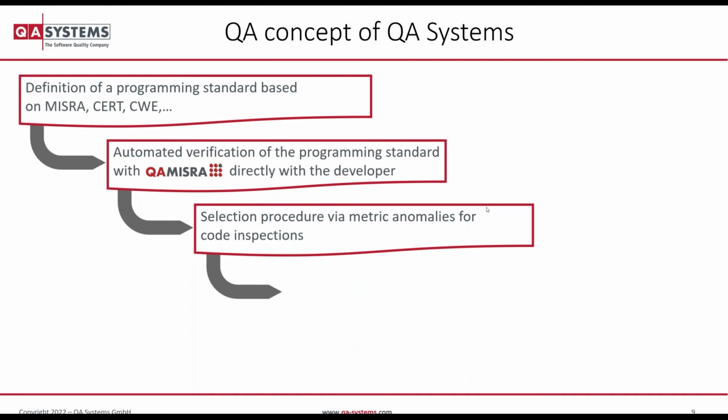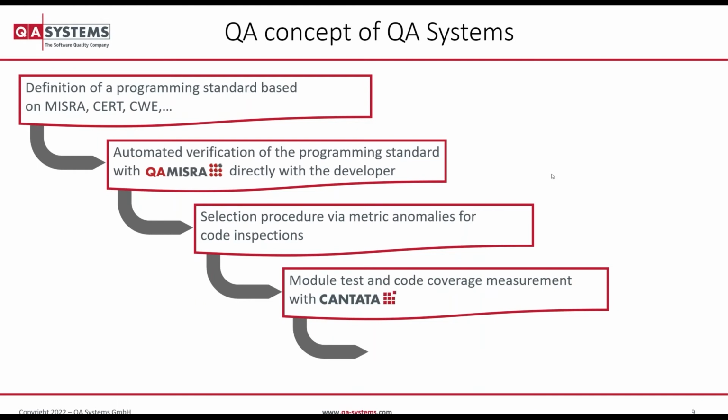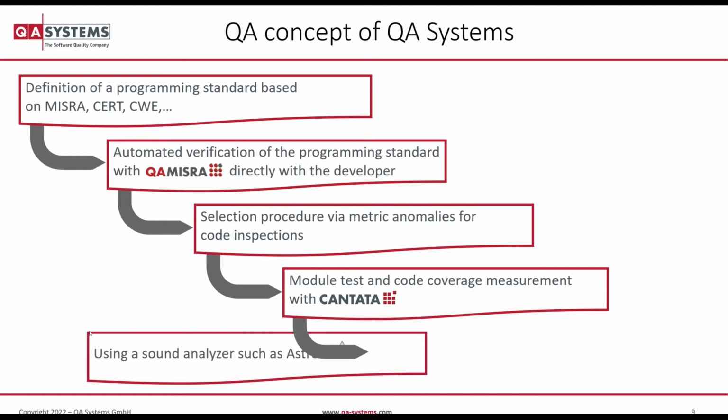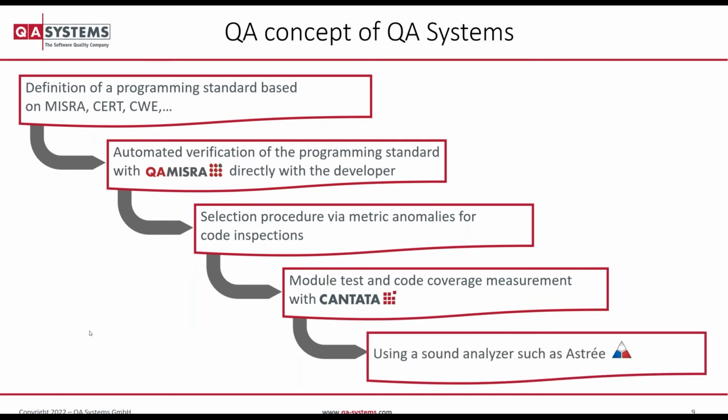I come to that point again later. You should not forget to do the module test and the code coverage. Of course, also we propose Cantata, our tool. But at the end, and that's also an important thing, you should use a sound analyzer such as Astrée. Now, what do I mean with sound analyzer?